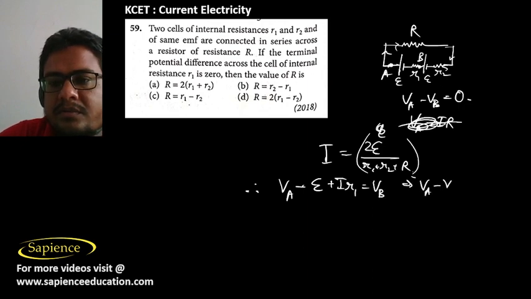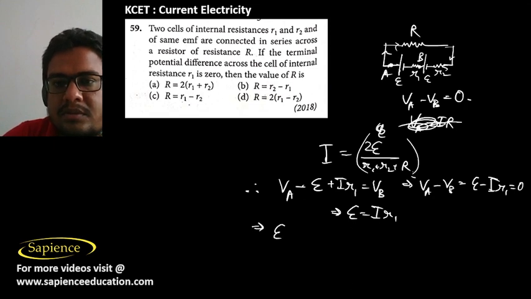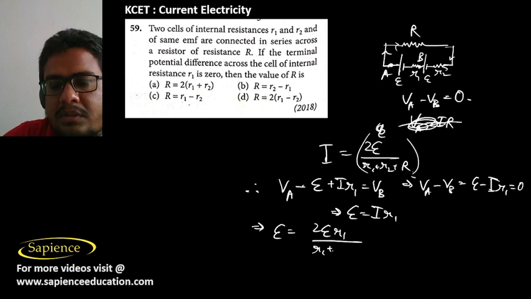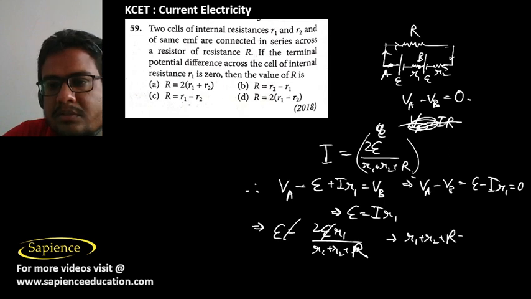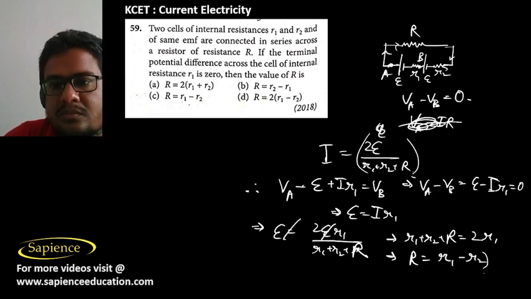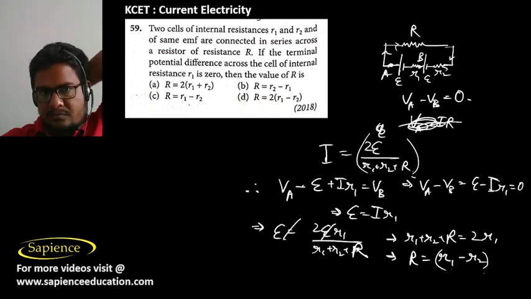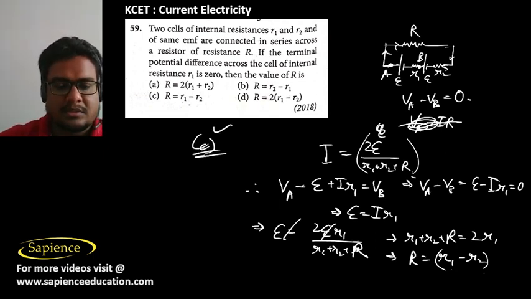VA minus VB is E minus IR1, that should be equal to 0. Means E should be equal to I into R1. Means E should be equal to 2E R1 by R1 plus R2 plus R. So E and E will cancel out, then R1 plus R2 plus R is equal to 2R1. Therefore R should be equal to R1 minus R2. So option C is the correct answer.